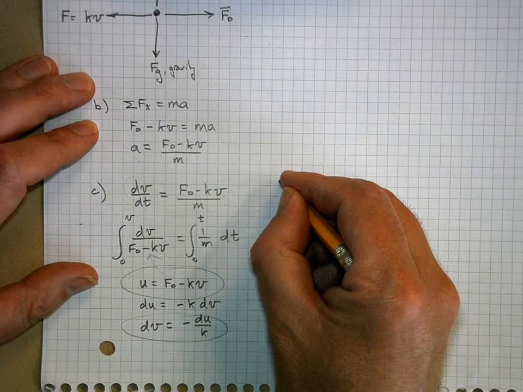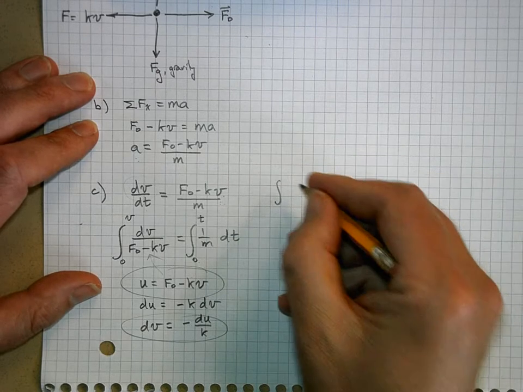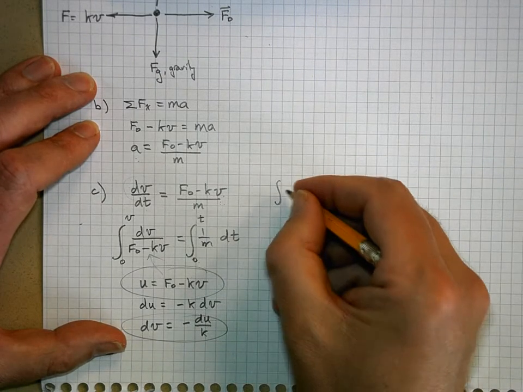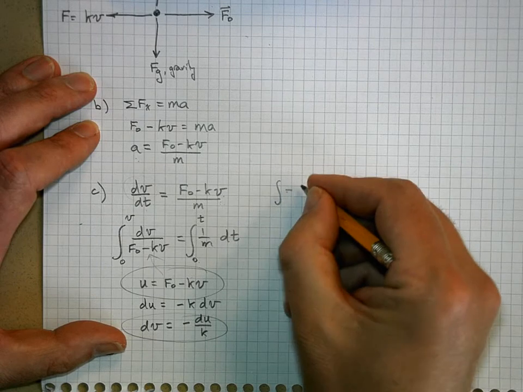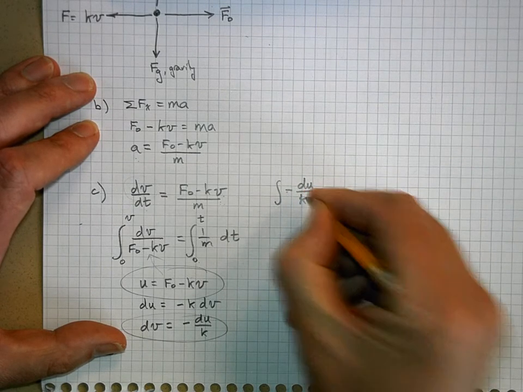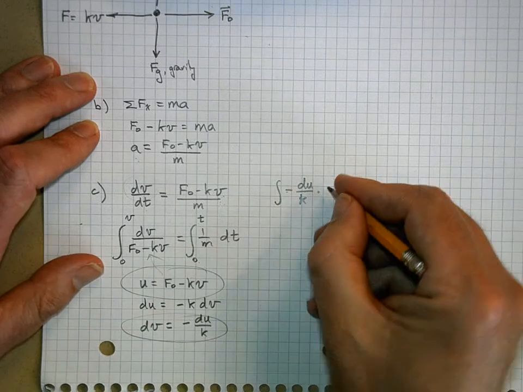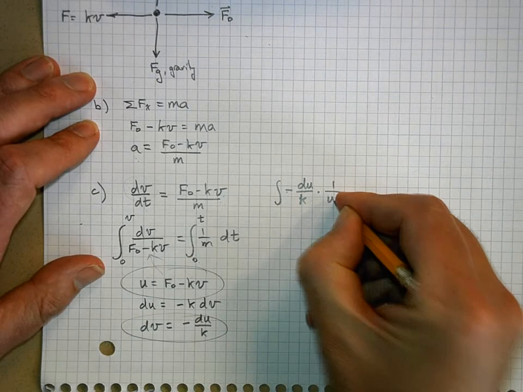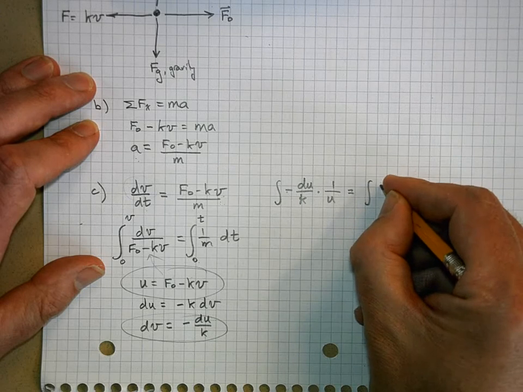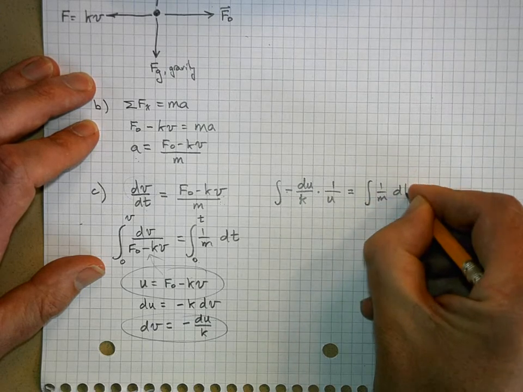So I'm going to have the integral of dv, which is negative du over k, times 1 over u, equals the integral of 1 over m dt.